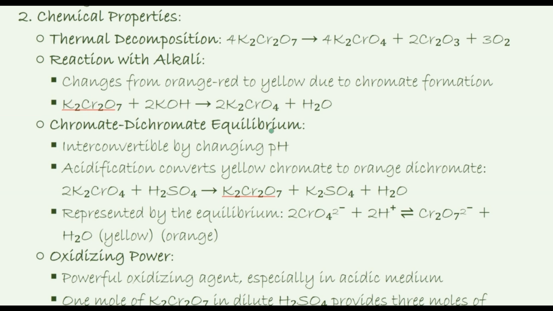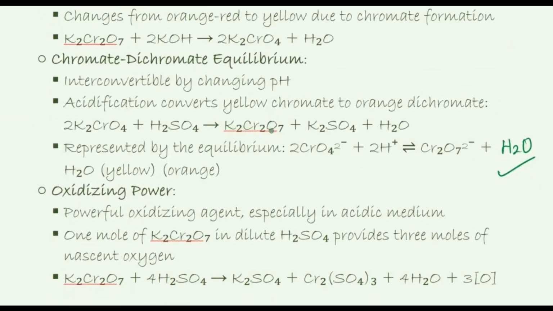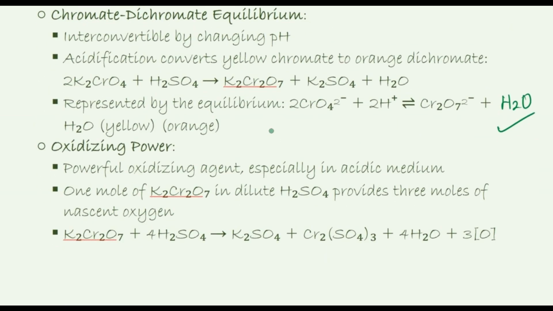Depending on the pH, it changes. Chromate is yellow in color, and dichromate is orangish red, the brighter one. So it maintains the equilibrium represented here. And I told you it is a very good oxidizing agent because of its higher oxidation state.